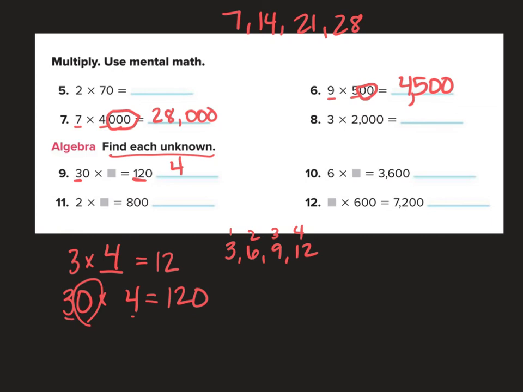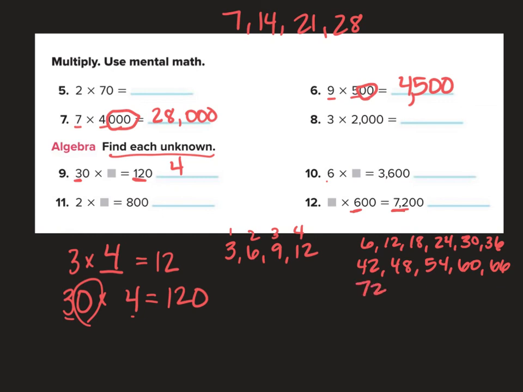Okay, here, let's do this one. 6 and 72. Okay, so 6, 12, 18, 24, 30, 36. Yikes, this would be a doozy. 42, 48, 54, 60, 66, 72.